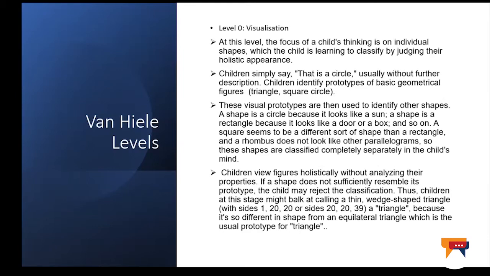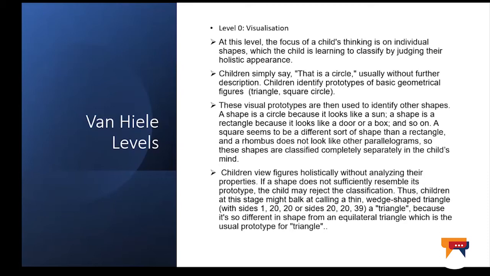In looking at the Van Hiele levels, the first level is known as level 0 of visualization. At this level, the focus of a child's thinking is on individual shapes, which the child is learning to classify by judging their holistic appearance.